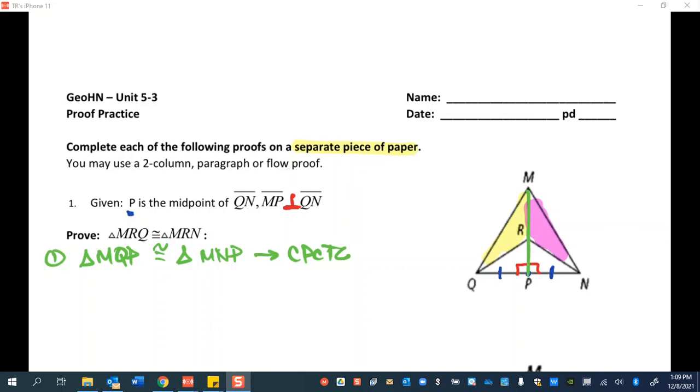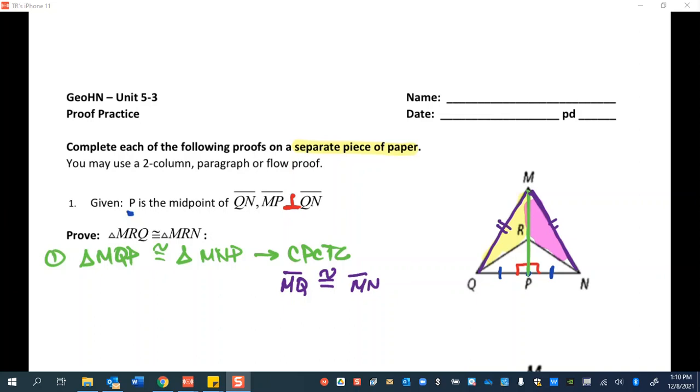Thank you. So this side here is going to be congruent to this side here. So I'm going to have those two purple sides congruent. So that means that MQ is going to be congruent to MN. Hey, that's one of my sides of those triangles I'm trying to prove congruent, right?